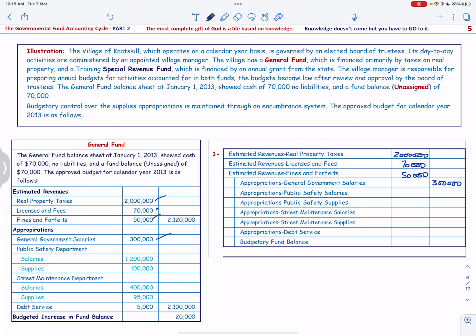This is credit. Then we have public safety department salaries of 1,200,000. This is credit again. Then we have supplies of 100,000. Then we have salaries of 400,000.